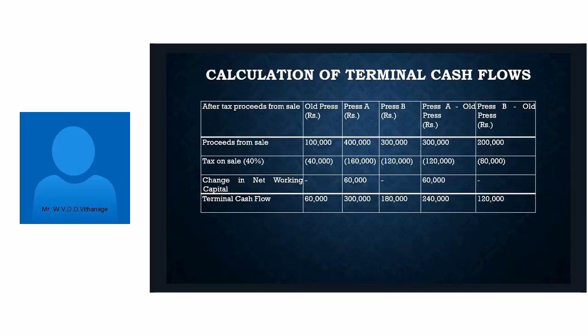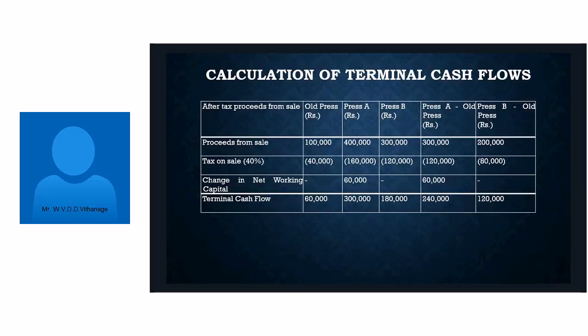The final cash flow is the terminal cash flow. Here, after 5 years, the old press can be sold for 100,000, Press A can be sold for 400,000, and Press B can be sold for 300,000. The change in working capital means that after 5 years, the working capital incurred in Press A will come back, which is why I have added it back.